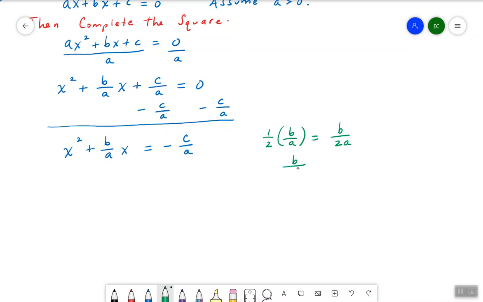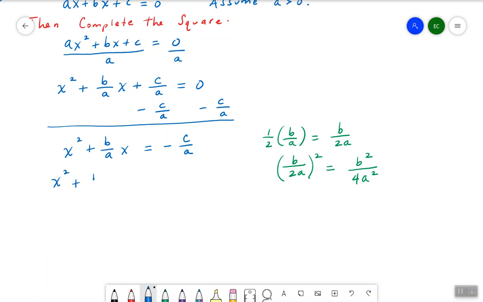And then you take that and you square it. And that gives us b squared over 4a squared. And so that's exactly what we need to add to both sides of the equation.